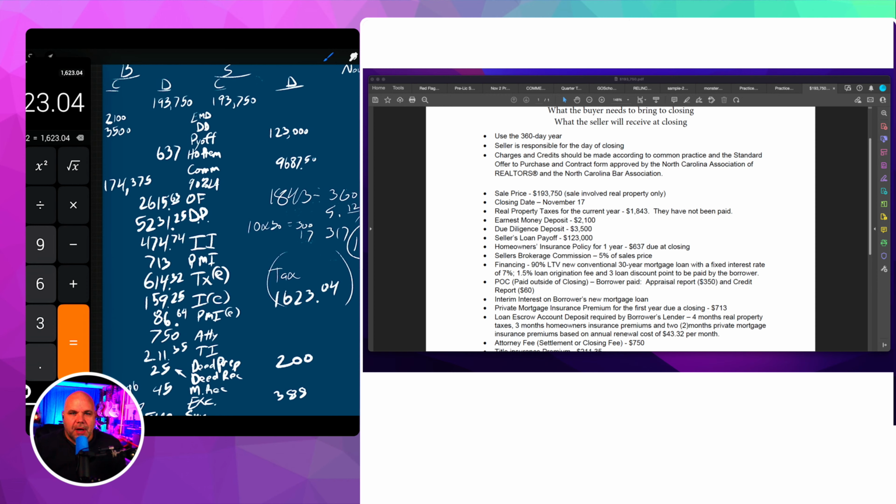So have they been paid or not for the year? Since they have not, that's the one that is a debit to both sides. So the seller's side debit is going to be this 1643.04. Are we good on why that's a debit for both sides? If the seller is not paid, because there's the whole year.